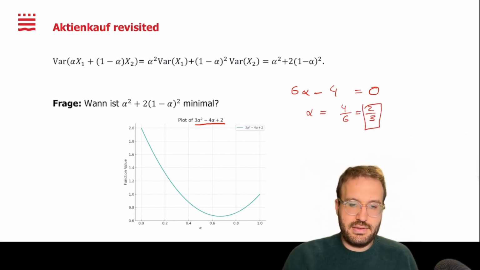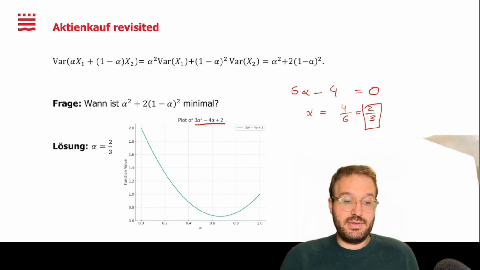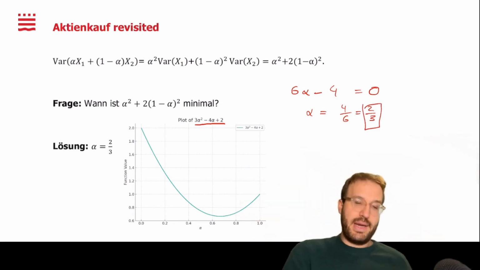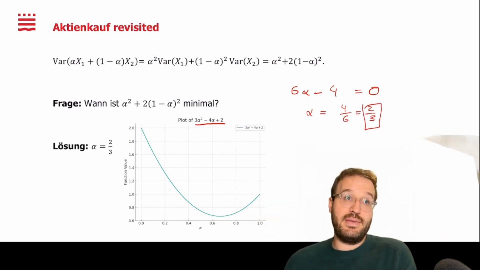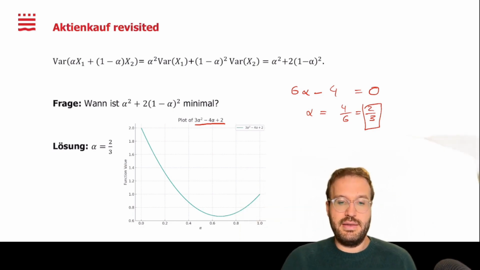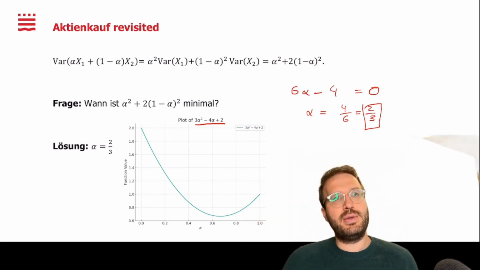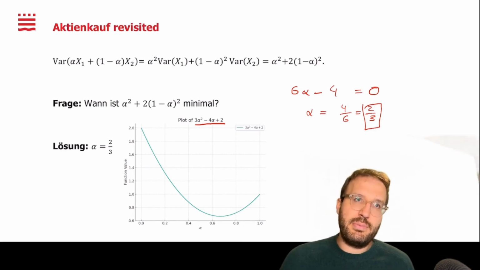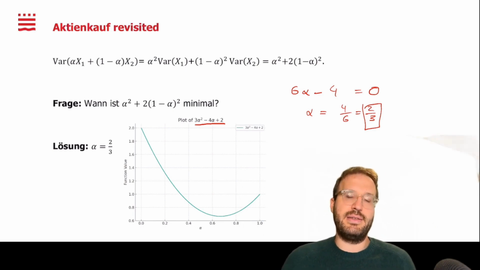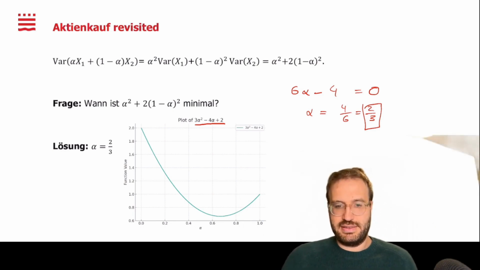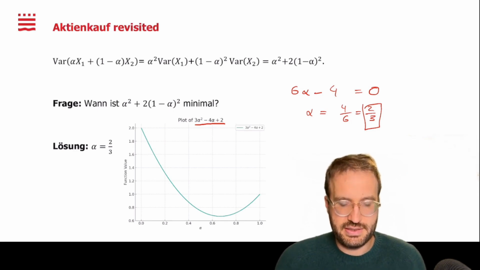And that is also the solution. This means buying 2/3 of stock 1 and 1/3 of stock 2. And you can also think for yourself about what happens if we have more stocks, and what happens if they have a different variance spectrum, but we have solved the task.